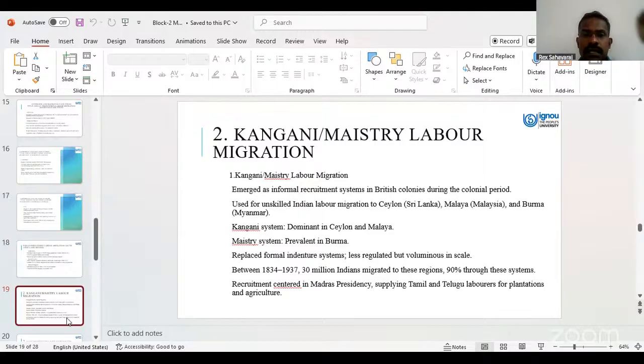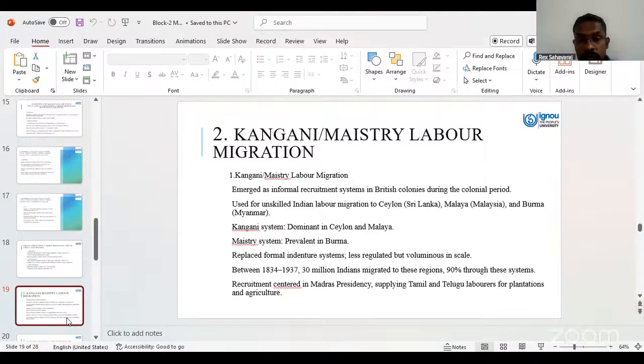It emerged as an informal recruitment system in the British colonies during the colonial period, right? Kangani or maistry labor migration was used for unskilled Indian labor migration to Ceylon, like Sri Lanka, Malaysia, and Burma, Myanmar. The Kangani system was dominant in Ceylon and Malaysia, and the maistry system was prevalent in Burma.